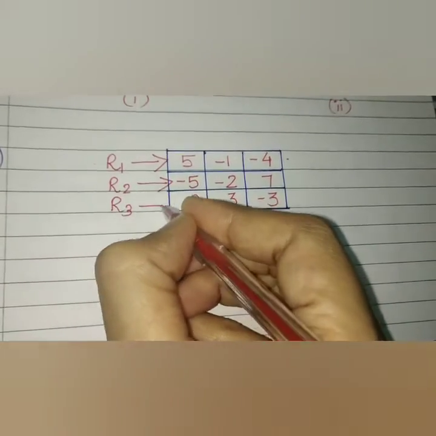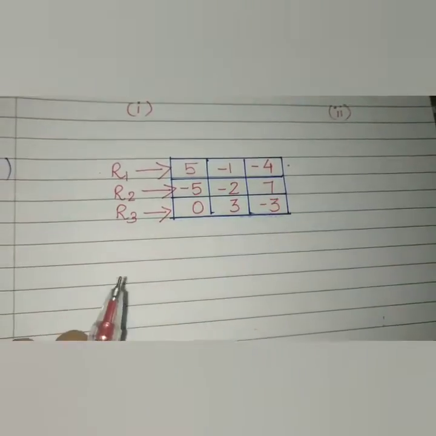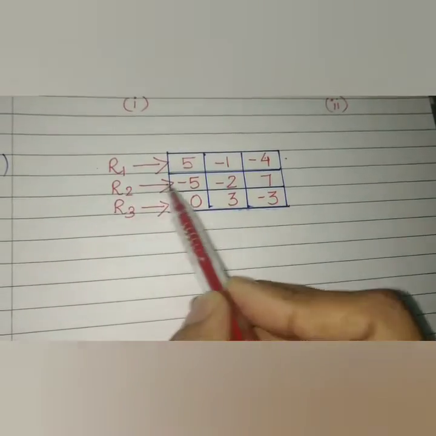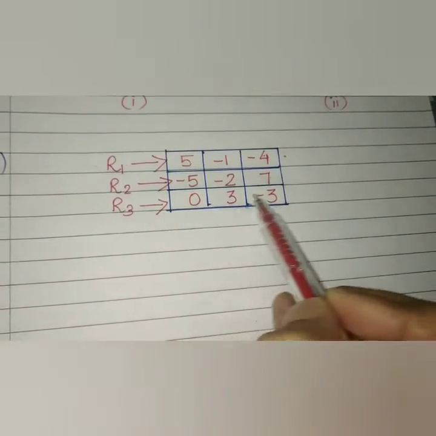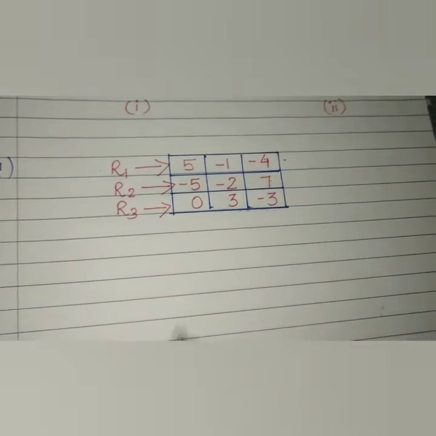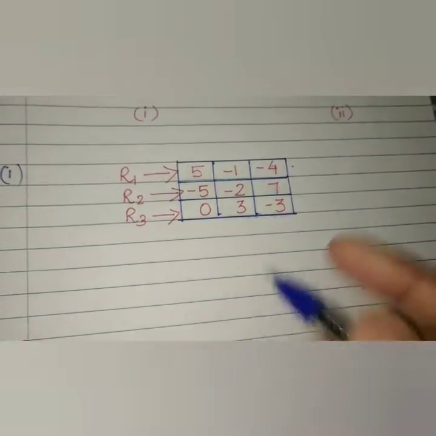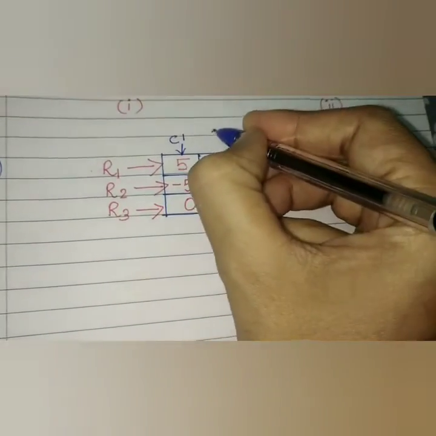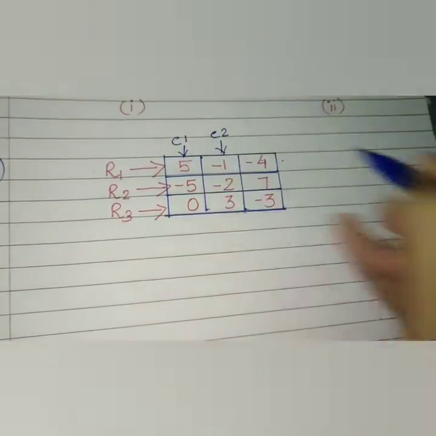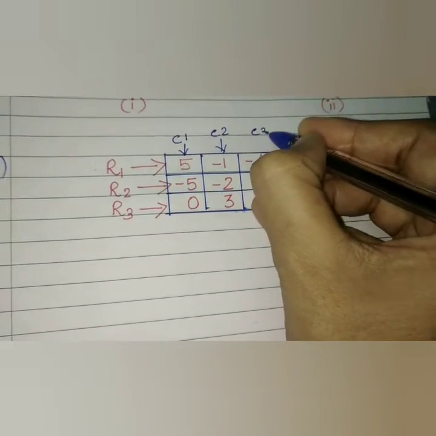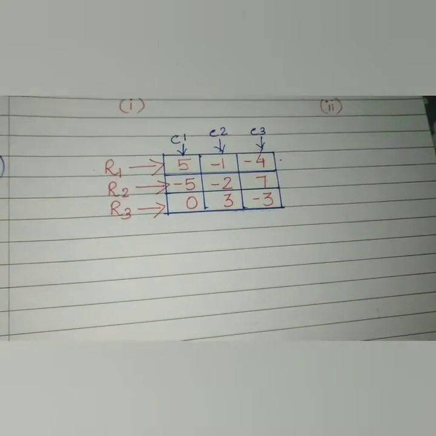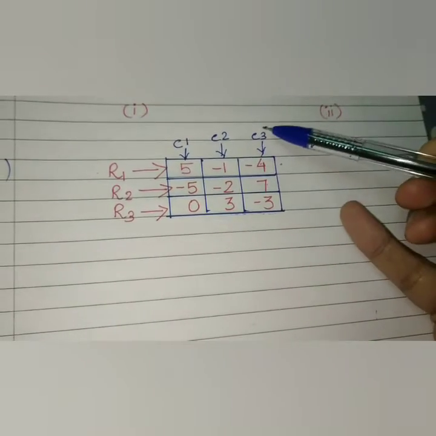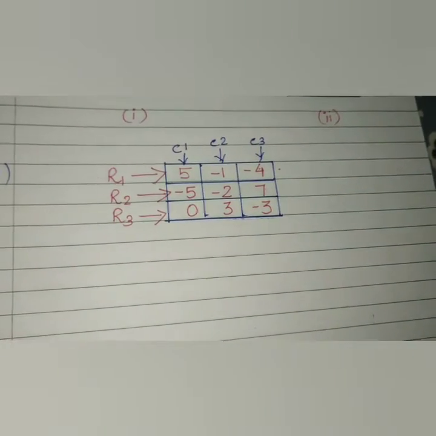This is R3, row number 3. Okay, now we'll discuss columns. C1 is the first column, C2 is column number 2, and C3 is column number 3.